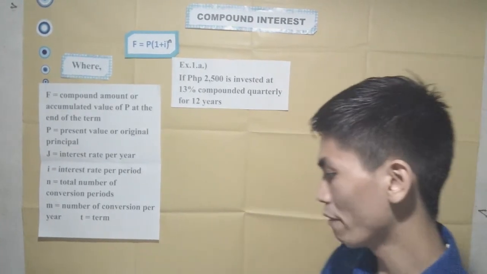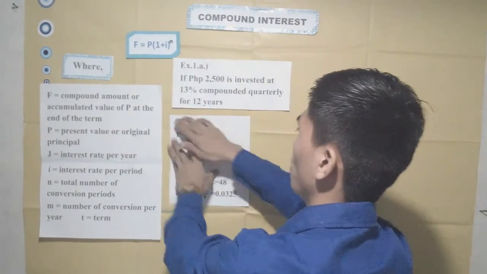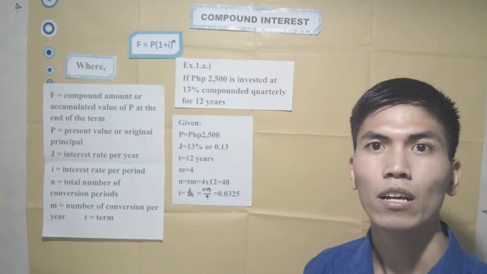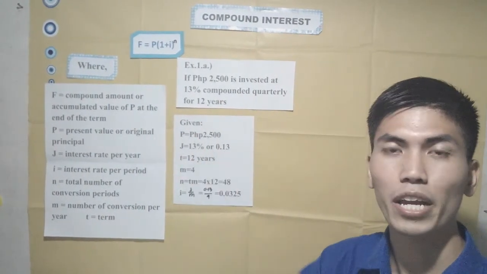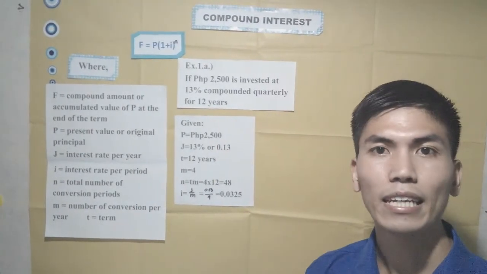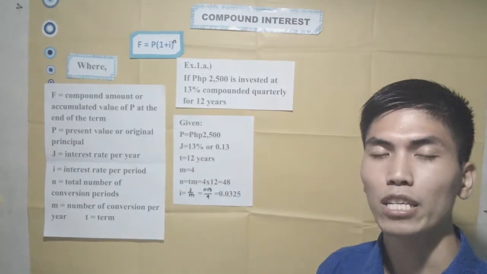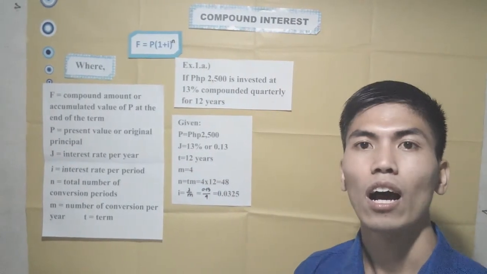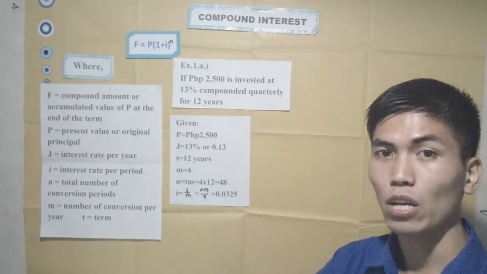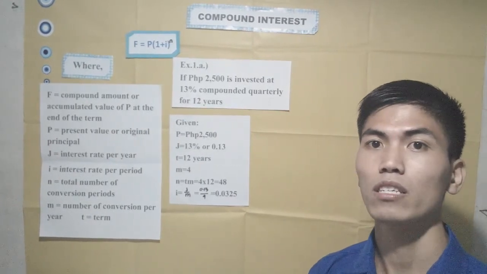Here are the given: the principal is 2,500 pesos, j is 13% or 0.13, t is 12 years, and m is 4 since it is compounded quarterly. n is equal to t times m, which is 4 times 12 equals 48.